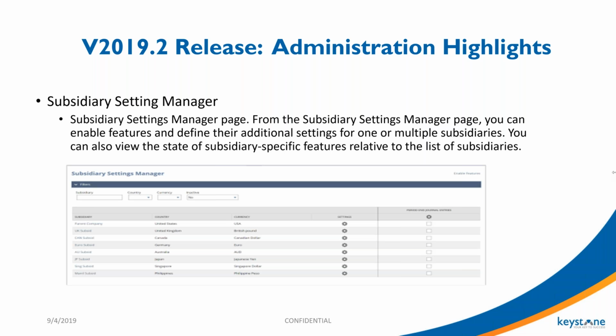If you want them to go to different accounts, you can select different balance sheet accounts, and you can also select a different account with which to send the net income. You can set this for all subsidiaries, or you can set it for a single subsidiary. The way this works is that it's an Enable Features setup, so the administrator would go into Company Setup, Enable Features, and this will be a new one that says, I want to use the Subsidiary Settings Manager.